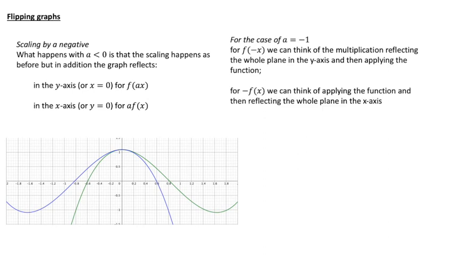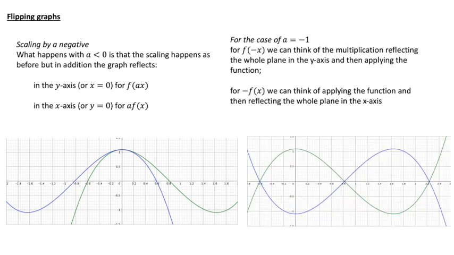For minus f of x, we can think of applying the function and then reflecting it, in which case we're going to reflect the whole plane in the x-axis, or the y equals 0 line, and that means we get that situation where they've been reflected vertically, if you like.